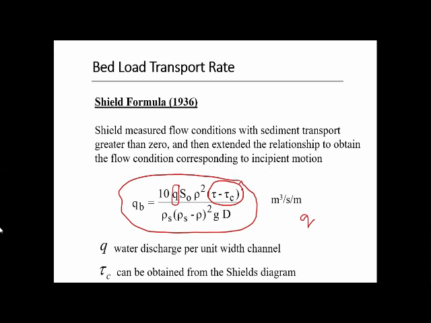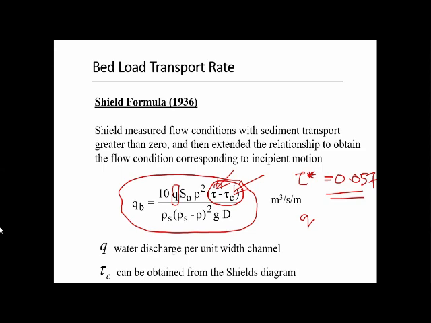Similar also to Du Bois, in order for the sediment to move, your bed shear stress tau must always be greater than your critical shear stress, tau C. And you can use this formula, which is the dimensionless shear stress, that is always greater than 0.057 at the critical condition.